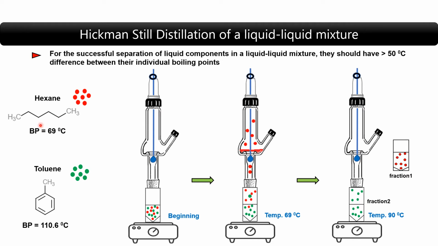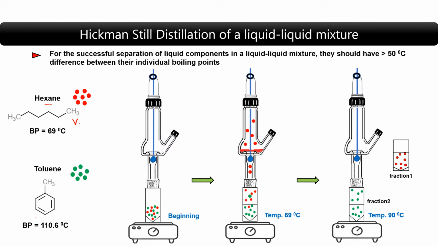When I say the boiling point of hexane is 69 Celsius, what does that mean? Based on what we learned earlier about the boiling point, that means hexane liquid turns into vapor much faster compared to toluene, right?